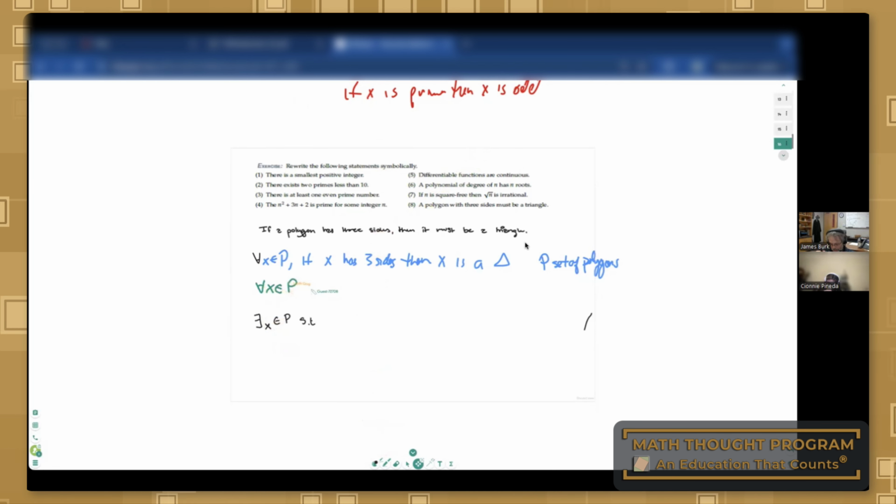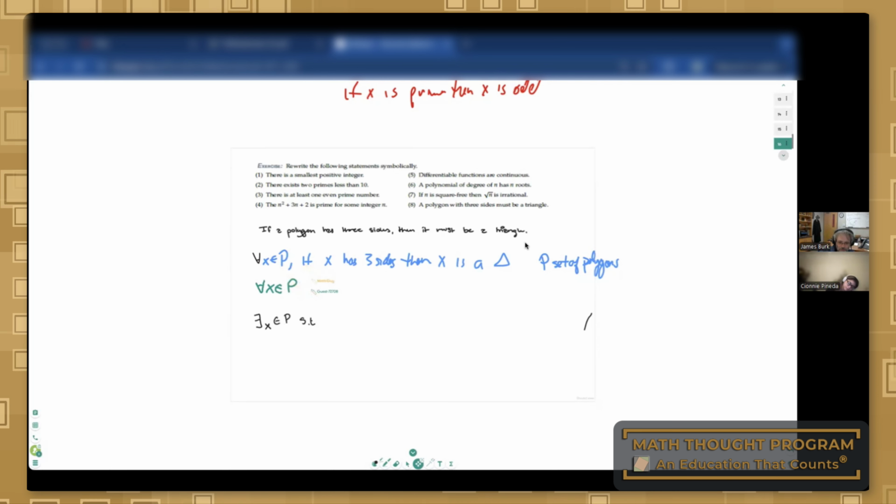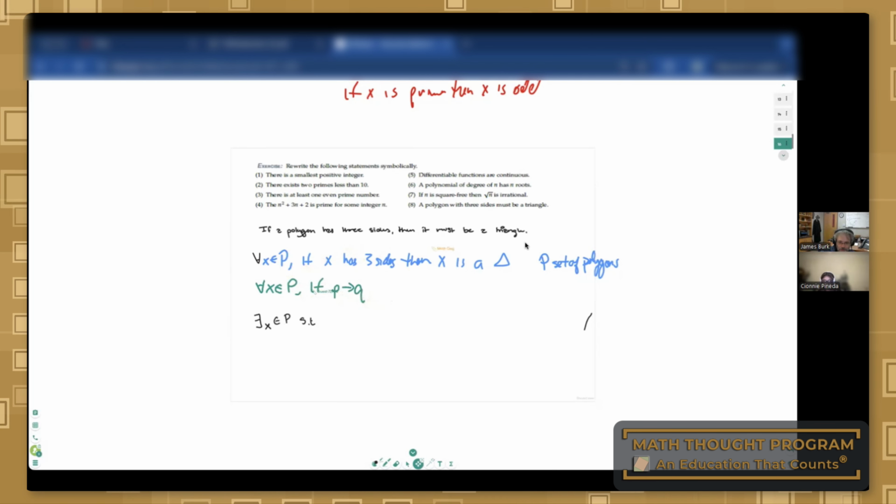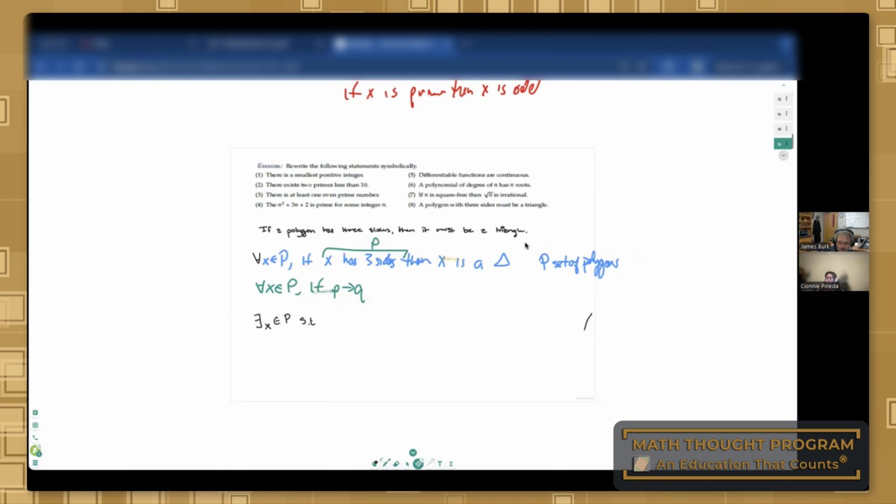Do you see how you're kind of fixated on the words and you're trying to make sense of the words in your mind? That's natural to do. But we want to break away from it because we don't want to bring things to the table that shouldn't be brought to the table. We don't want to incorporate our bias as we're writing it logically. So we can just say if little p implies little q, where this is little p, and this is little q.